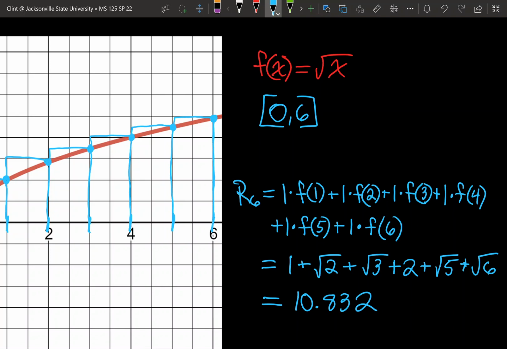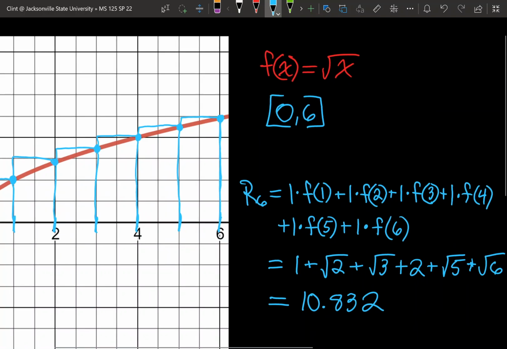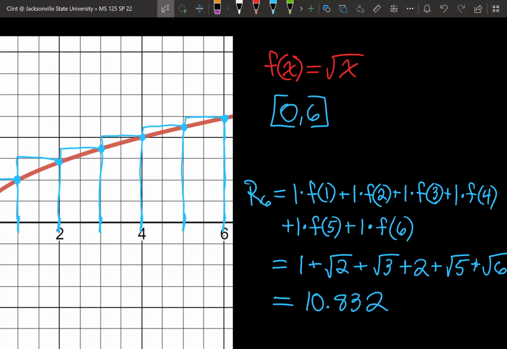Now I got a question that goes along with that. Is that number going to be bigger or smaller than the actual area under the curve? Bigger, yeah, because we got all these pieces hanging out, right? So that's an overestimate. So we know this is too big.